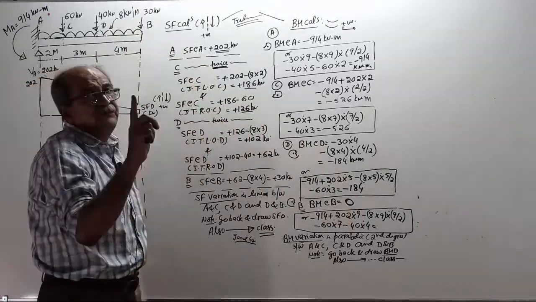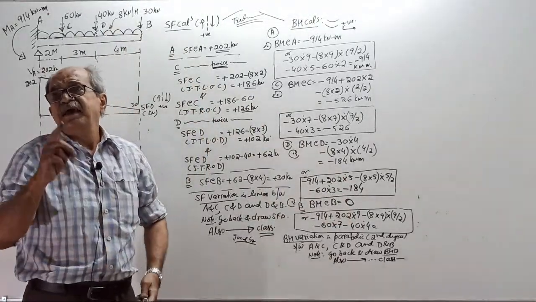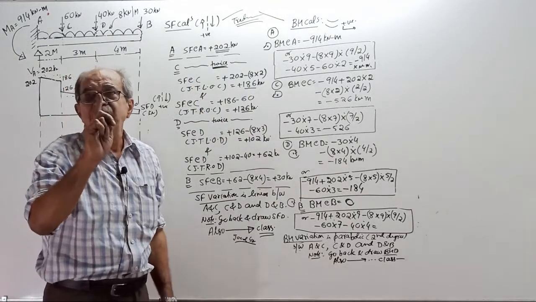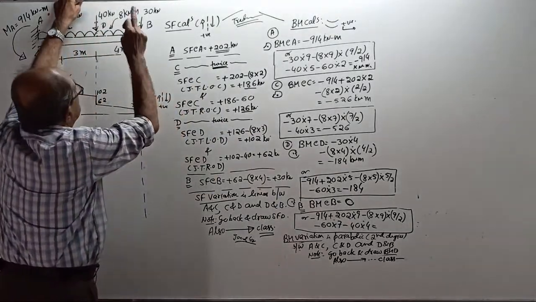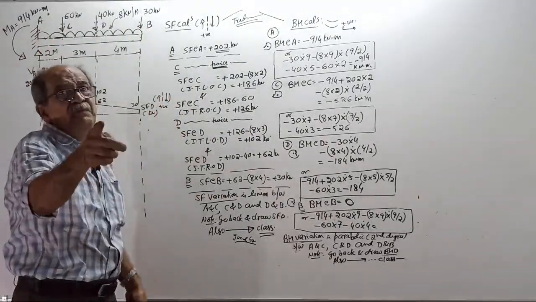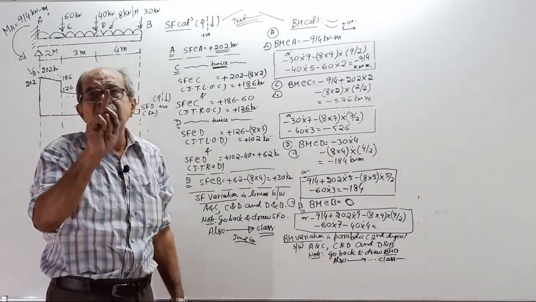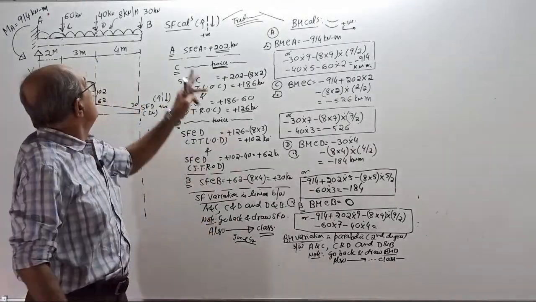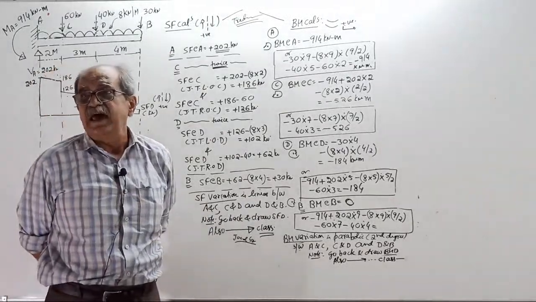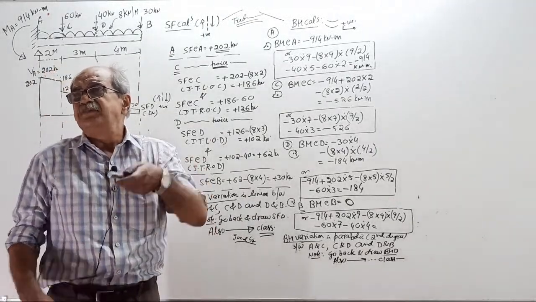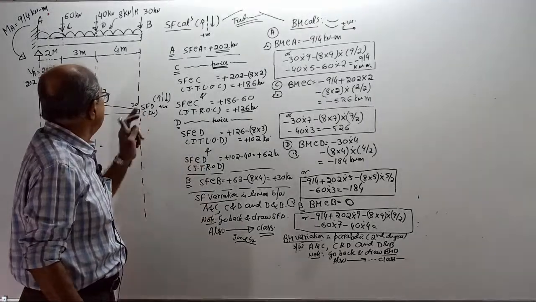So at the free end, remember, for a cantilever, shear force will be there only if there is a point load, and bending moment will be there only if there is what? Tell me. At the free end, shear force is there only if there is a point load. See, shear force is there, 30.